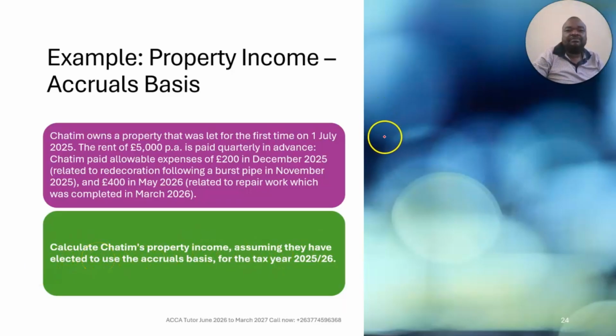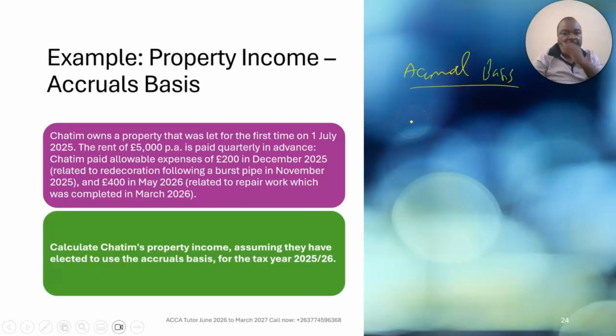So let's start with the rent received. Remember, this is the accrual basis. We are told in the question that the property was let for the first time on 1 July 2025.